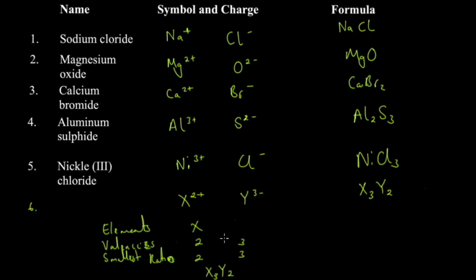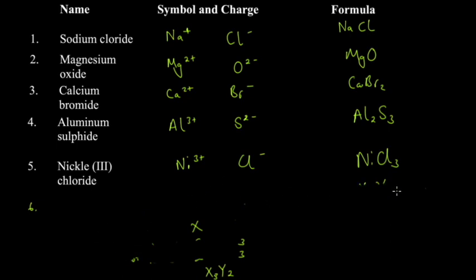Okay, and then the other question that's a bit tricky as well is that they can tell you the group numbers, and then they ask you to get the valence and the formula. So for example, you can be told that one element is in group, let's say 6.